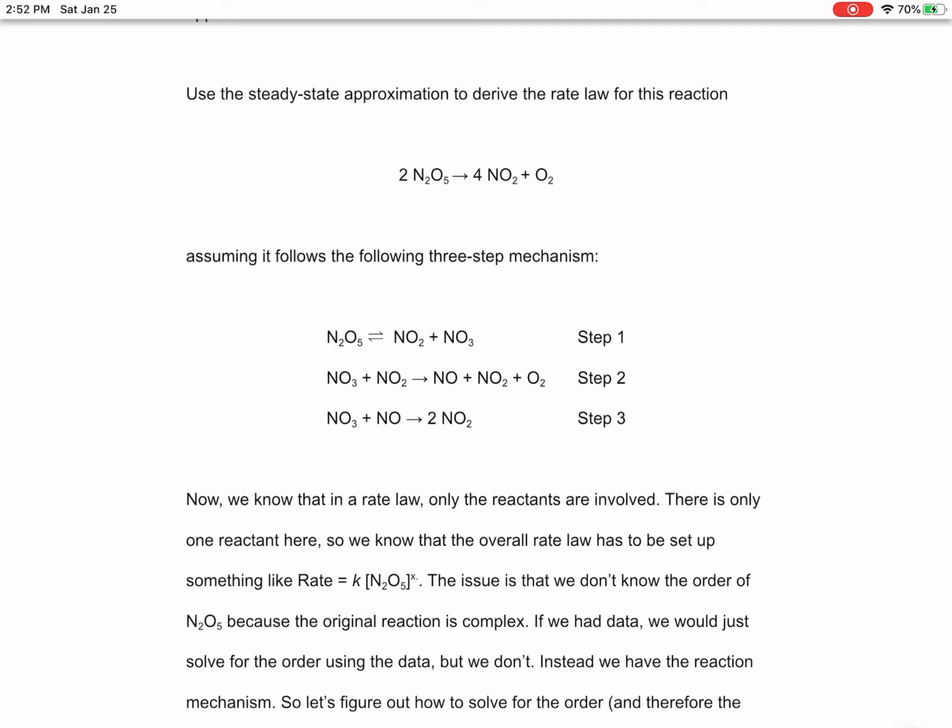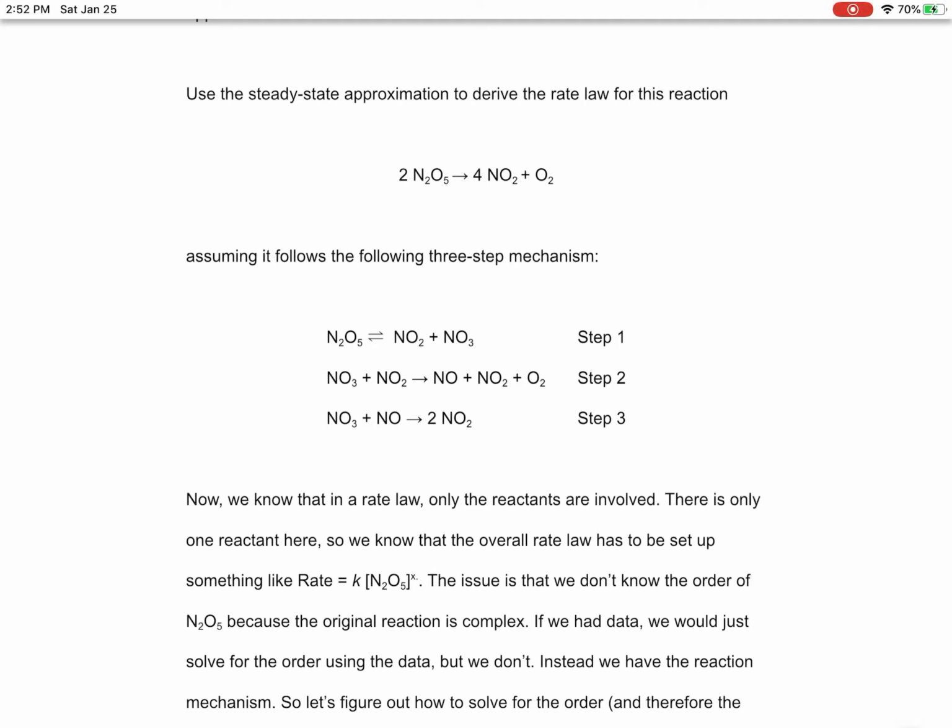We can see nitrogen monoxide being produced in step 2 and used up in step 3, making it an intermediate. So because step 2 makes more of the products of the overall reaction and one of the intermediates needed for the reaction mechanism, step 2 is probably going to be our slowest step. Okay? Step 2 is probably going to be our slowest step.